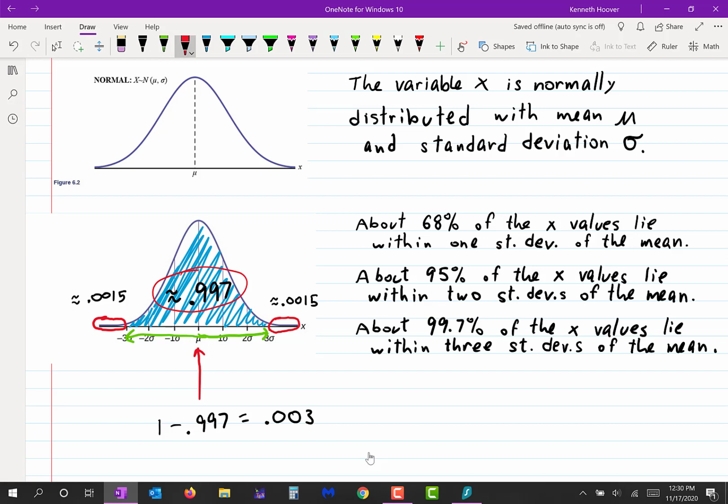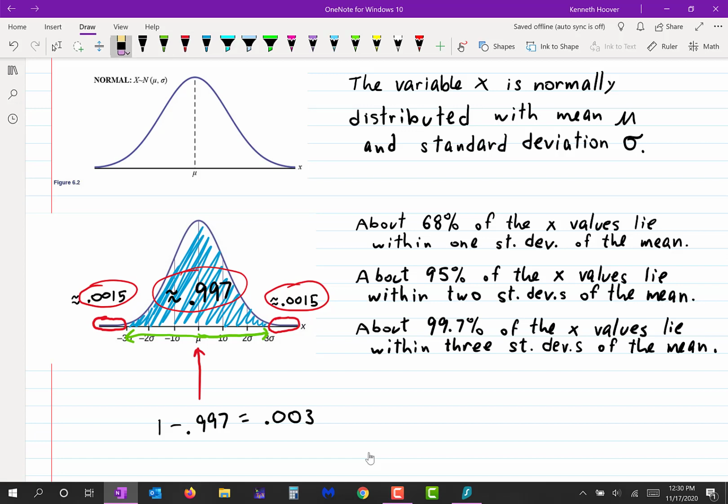Okay, so approximately 99.7% of the scores are in the middle area, the mean minus 3 standard deviations to the mean plus 3 standard deviations. And then there's about 0.15% that are larger than the mean plus 3 standard deviations. And there's about 0.15% that are smaller than the mean minus 3 standard deviations.